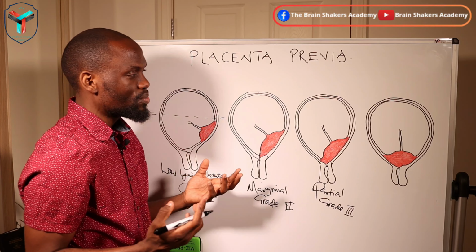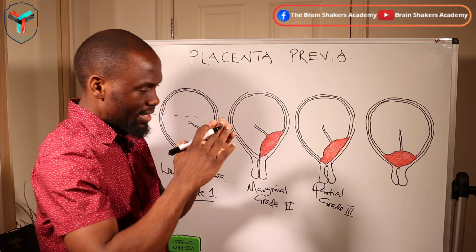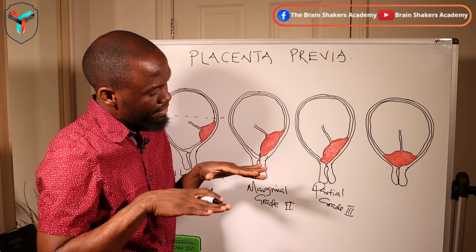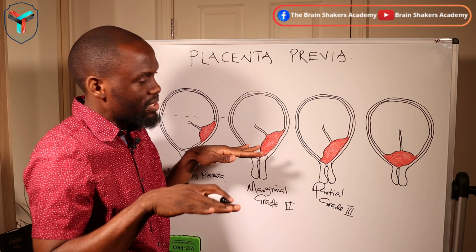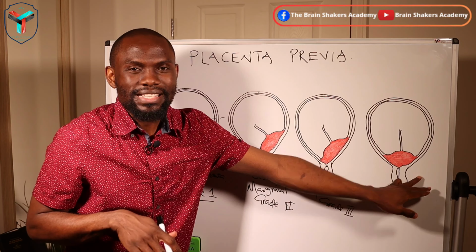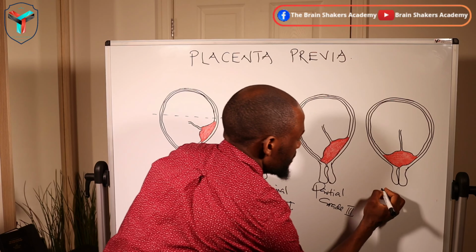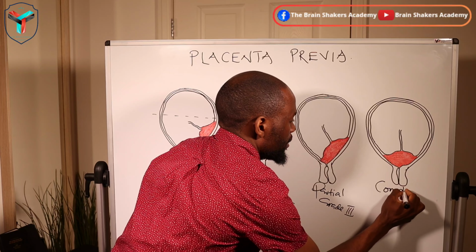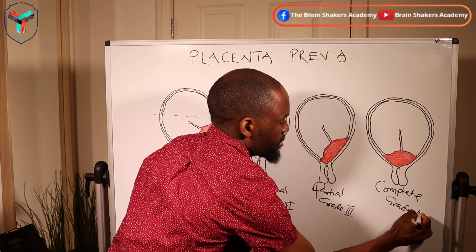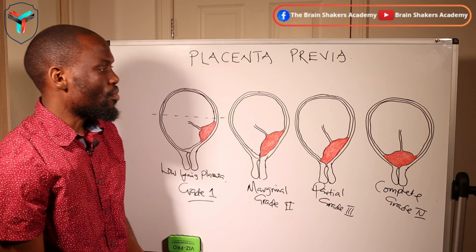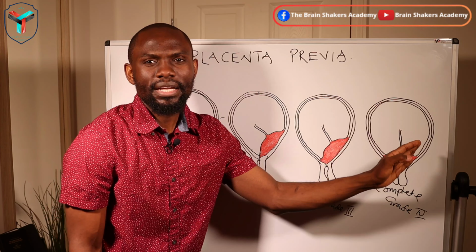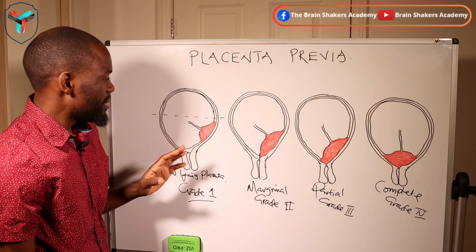Now, there are certain times when the placenta decides to sit on top of the cervical os and cover it completely. Then you refer to this as a complete placenta previa, which can also be referred to as a grade 4 placenta previa. So you have grade 1, grade 2, grade 3, and grade 4 placenta previa.